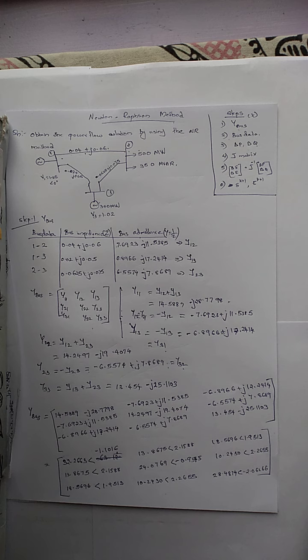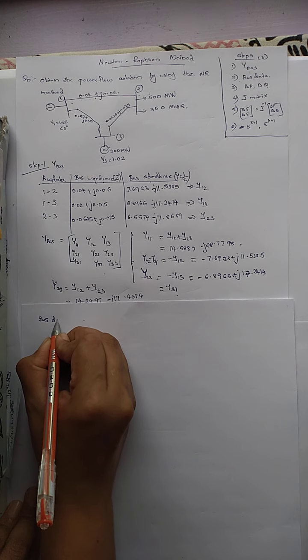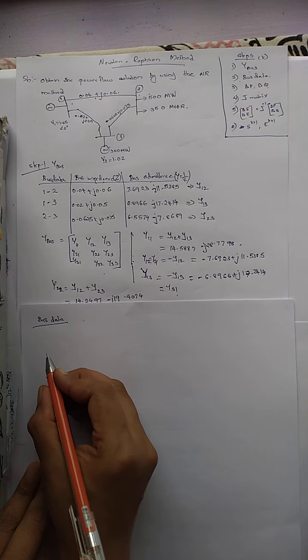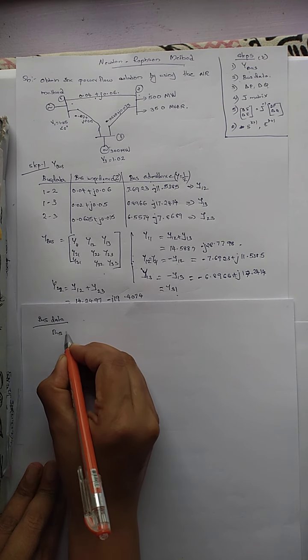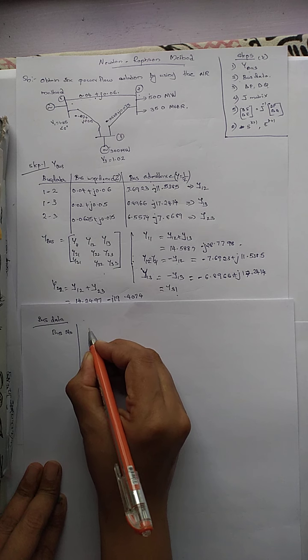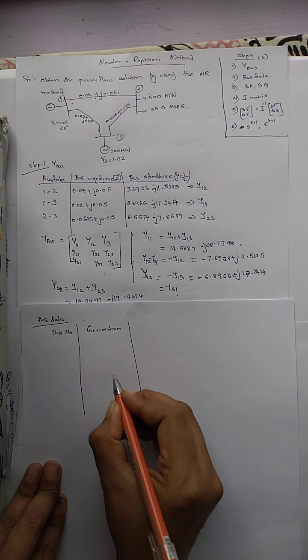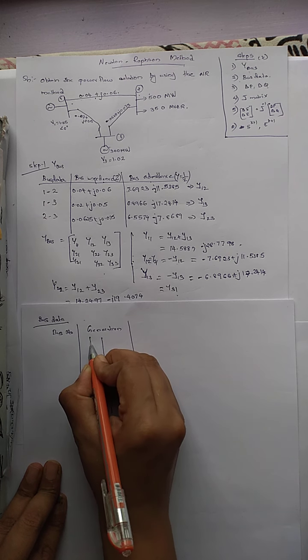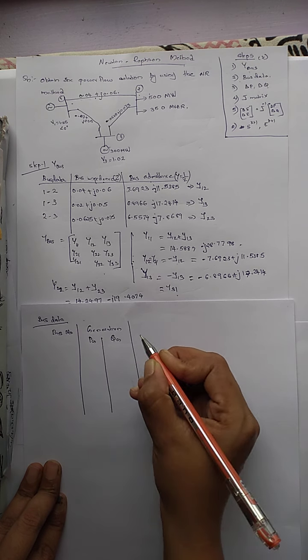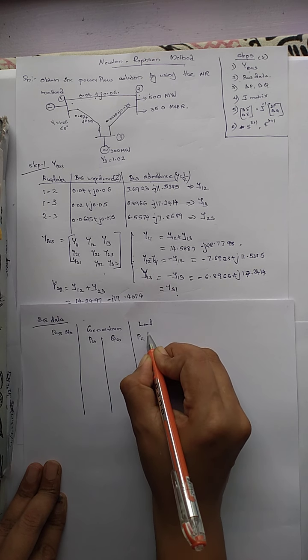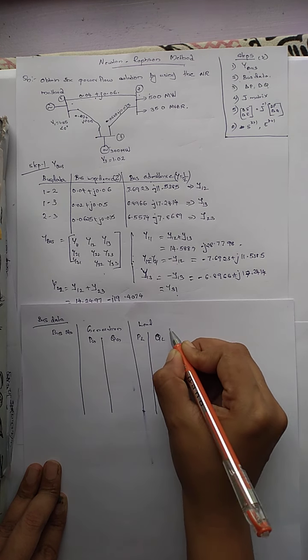In the next step, we have to fill our bus data table. We have to write the bus number, then we have to check the generation data, which can be PG or QG, and the load or demand, that is PL and QL.